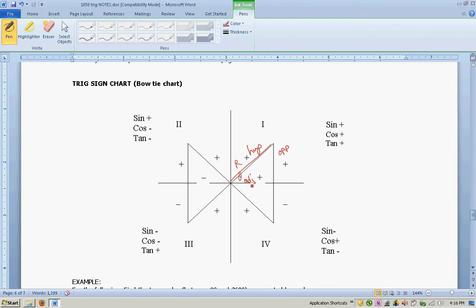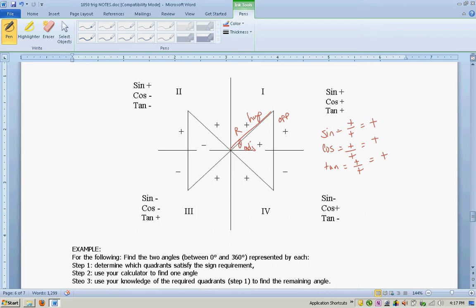So the sine of this angle theta in quadrant 1 would be the opposite side, which is positive, over the hypotenuse, which is positive, which yields a positive value. The cosine would be the adjacent side, which is positive, over the hypotenuse, which is positive, which yields a positive value. And the tangent would be the opposite side, which is positive, over the adjacent side, positive, which yields a positive. Well, that's really no big deal for quadrant 1. That's what we'd expect to get.